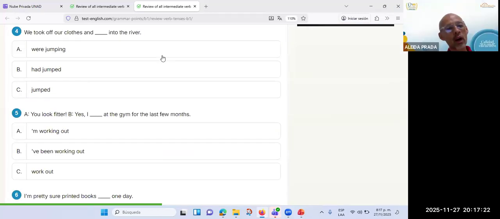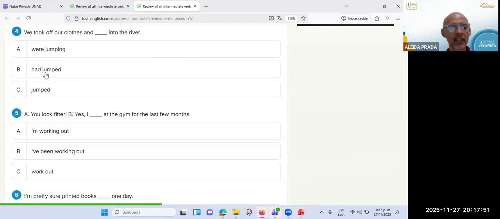We took off our clothes and jumped into the river. The options: A, were jumping, B, had jumped, and C, jumped. We have 3 options with the verb jump, no? C, simple past, jumped. B, had jumped, it's like había saltado in Spanish.